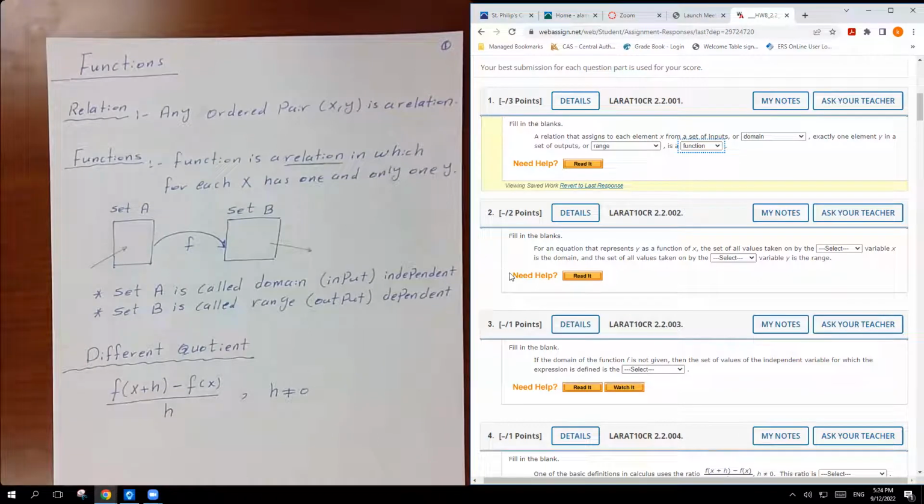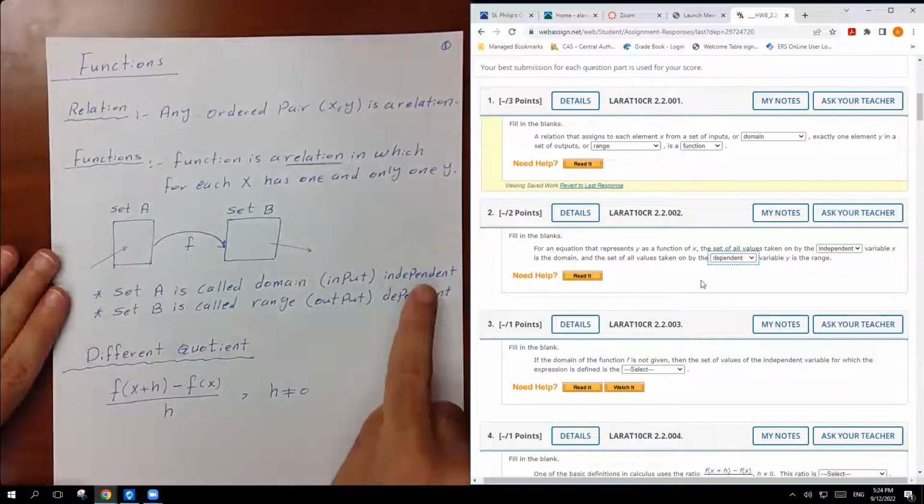The second question says: for an equation that represents y as a function of x, the set of all values taken on by the independent variable x, because x is always the independent variable, and variable y is always in the range, is the dependent variable.